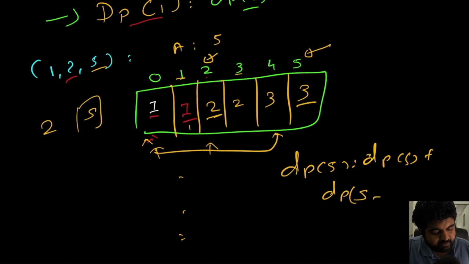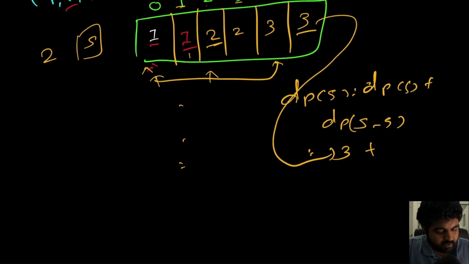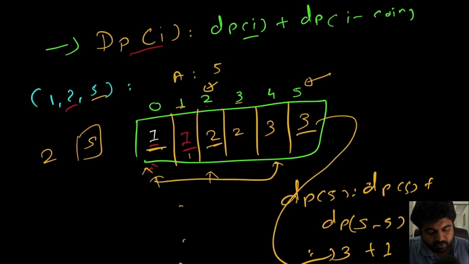So current coin value is 5, so 5 minus 5 is going to be 0. So there are three distinct ways that we took from here, plus there is going to be one distinct way that we can make amount number 5, and that is going to be over here. So the answer is going to be 4. So in this case we can just mark this value as 4, and this is going to be the whole solution.